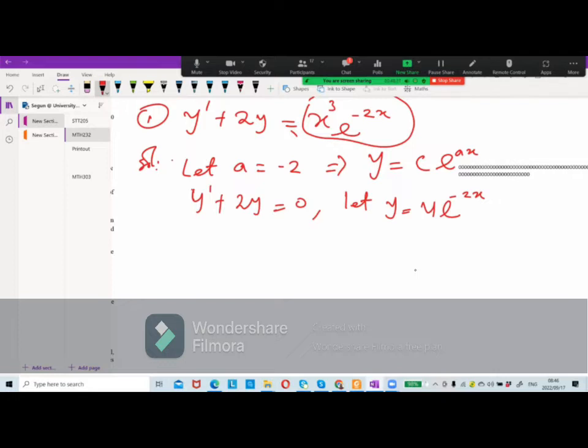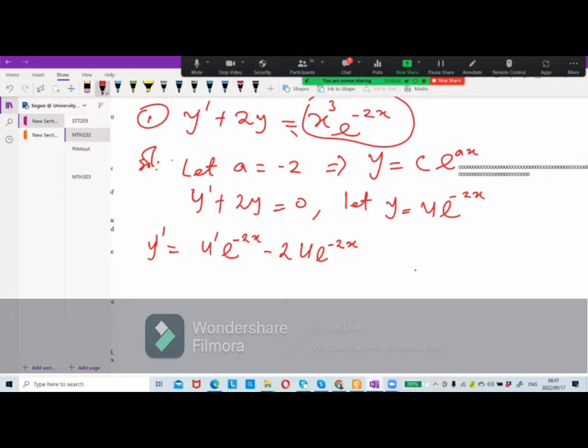Let me differentiate u first. I said u prime, I'm saying u1, y prime now, I'm differentiating it. U prime, I'm adding exponential constants minus 2x. Now, if I'm differentiating exponential minus 2x and holding u constant, what do I get? I will have minus 2u exponential minus 2x.